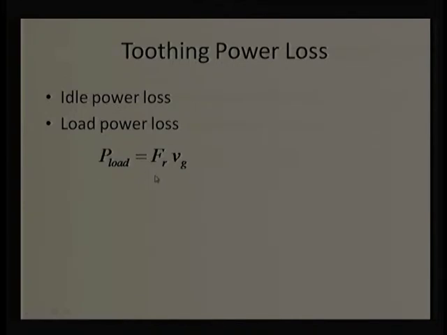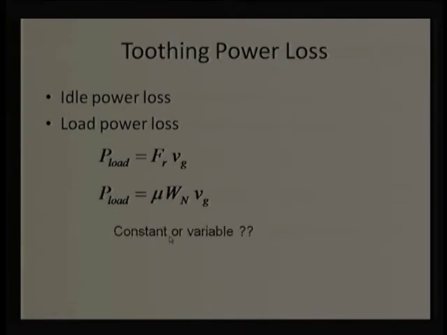F_r is the force applied at the contact surface, the friction force, which can be represented as the coefficient of friction times the normal force on the surface. So, the power loss due to the load is given as P_load = μ × normal load at the interface × sliding velocity. We know the sliding velocity will be 0 at the pitch circle diameter, so the power loss will be 0.